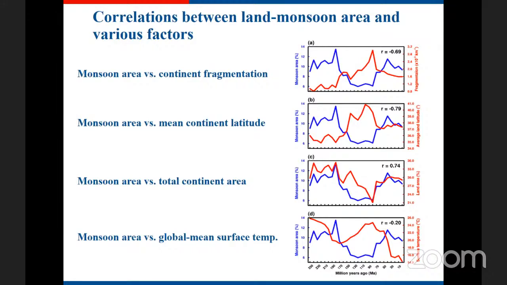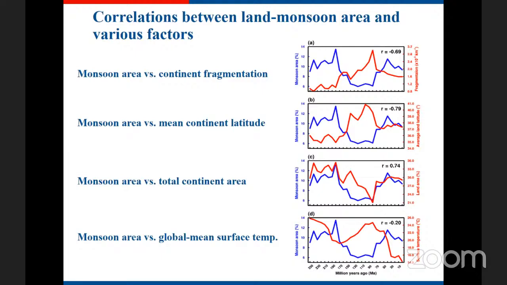One is the continent fragmentation. We define that as the total coastline length divided by total continent area. So that can measure the breaking up of the continents.